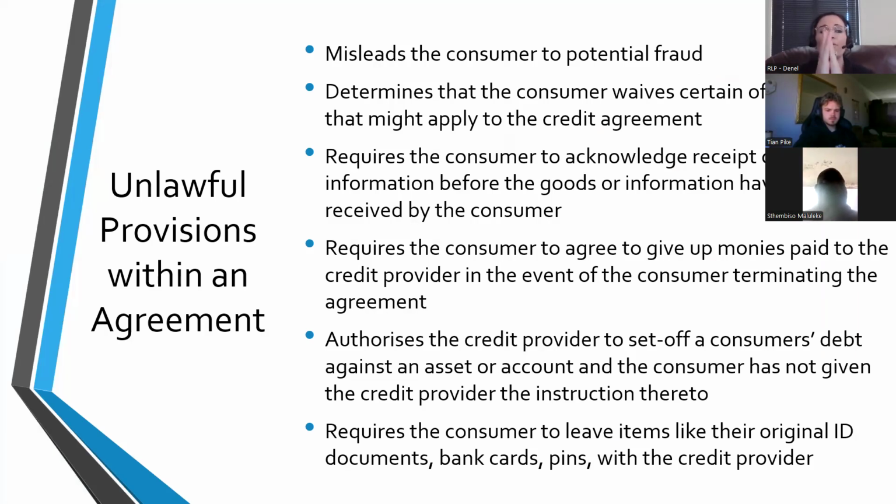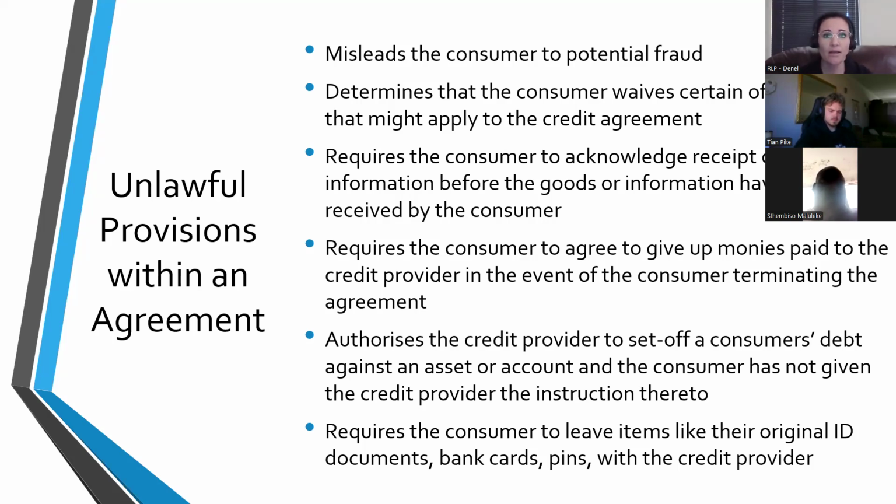So we just discussed an unlawful agreement, meaning the entire agreement is unlawful and the agreement will basically cease to exist. But an unlawful provision refers to a tiny part of the agreement being unlawful. So they either fix that part or they remove that part, but the consumer is still bound by this agreement.